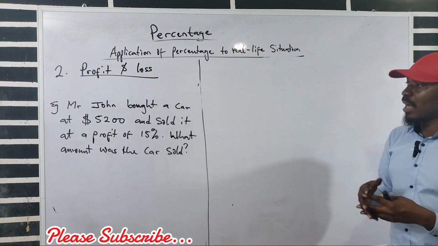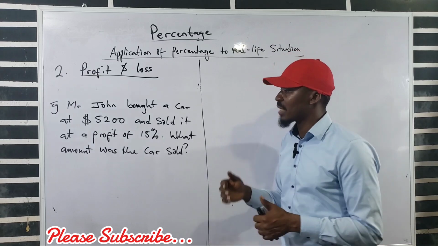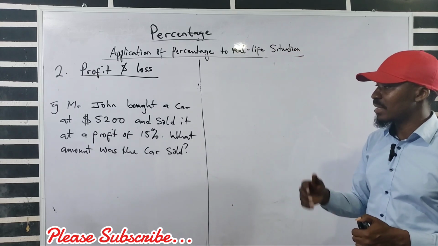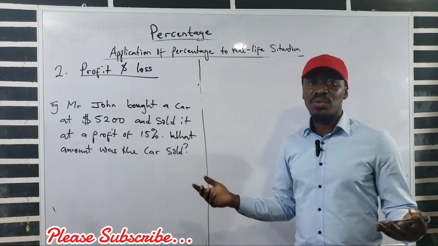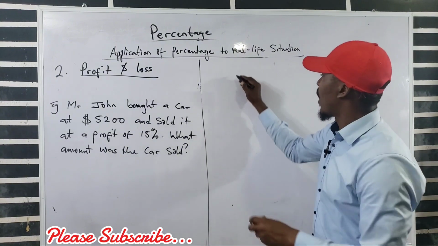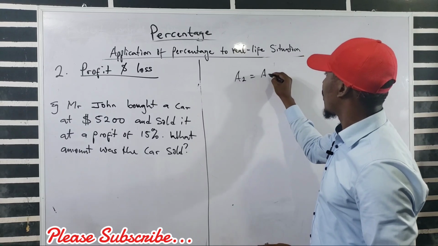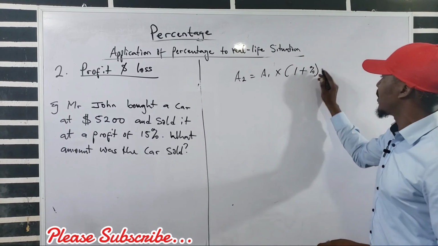Mr. John bought a car at $5,200 and sold it at a profit of 15%. What amount was the car sold? We just need to find the new amount, the same way we have been doing. A2 equals A1 times 1 plus the percentage increase.